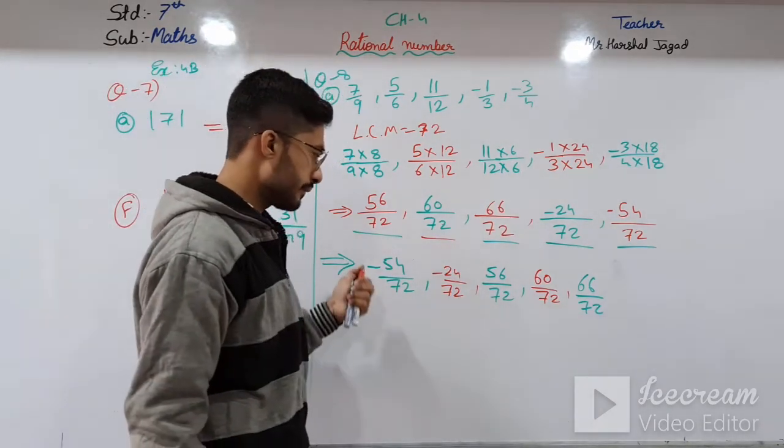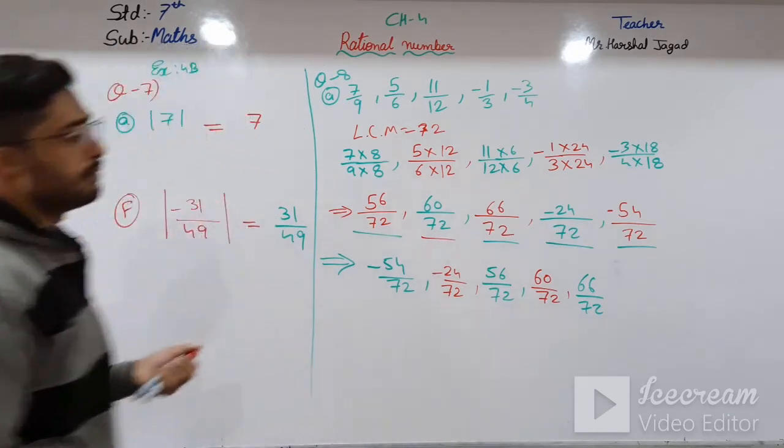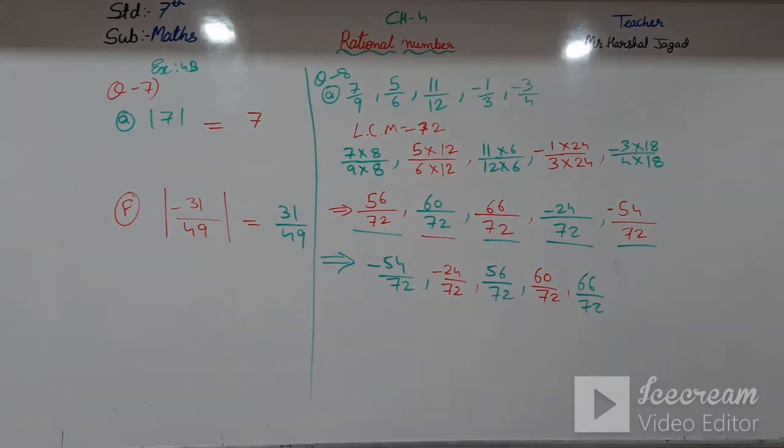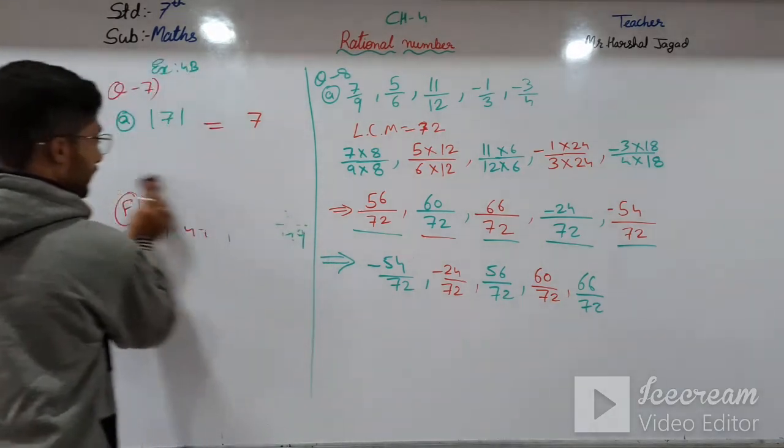Okay students, please note down this. Have you written, students? Now moving towards 8b, that is descending order.